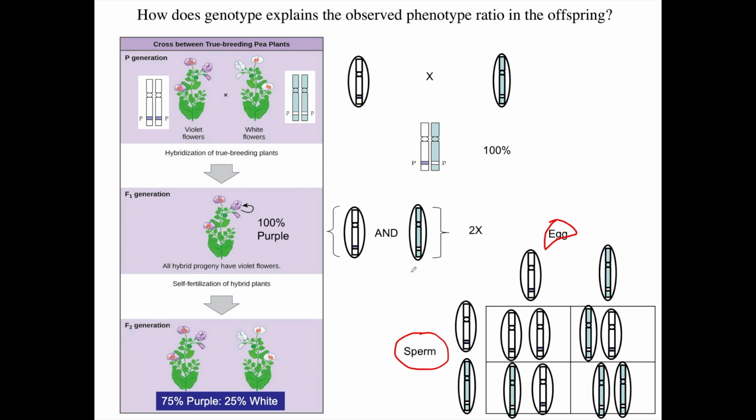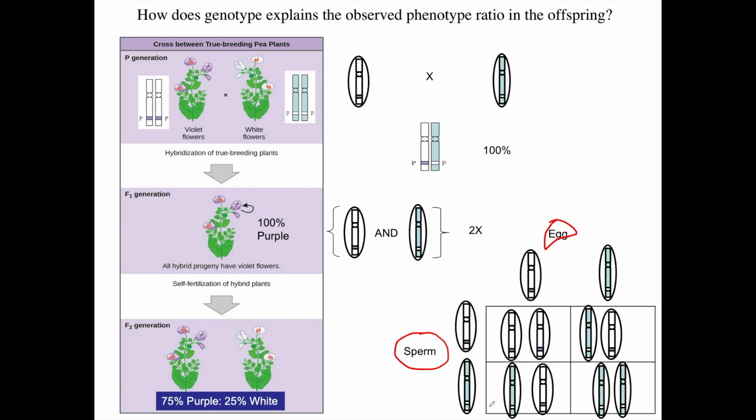And there are two possibilities for sperm: purple or white allele. The same thing for egg: purple or white allele. Now, in order to find out how we can get this ratio, we're going to produce something called a Punnett square.